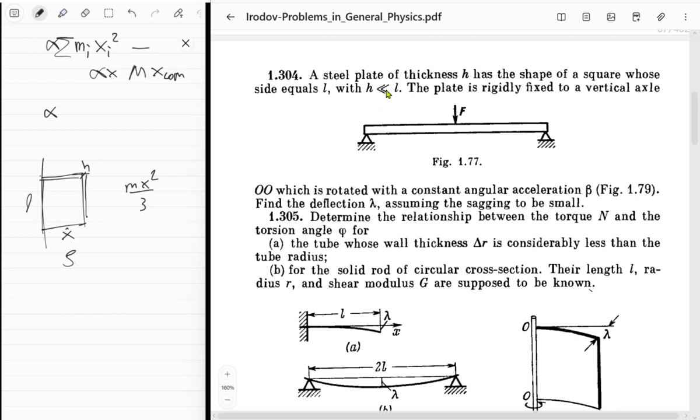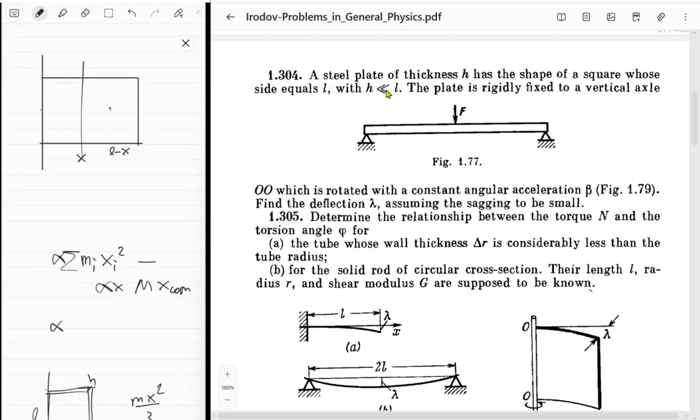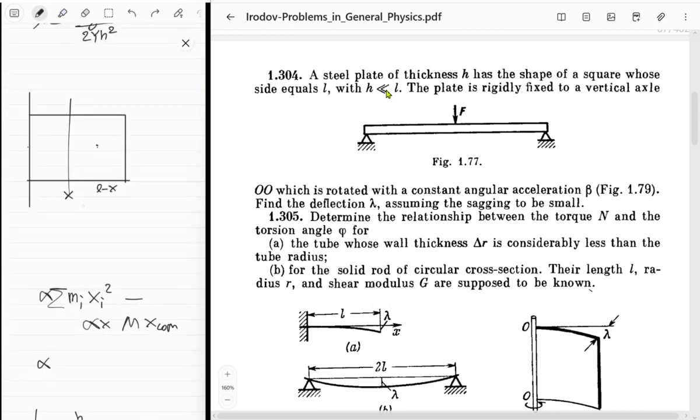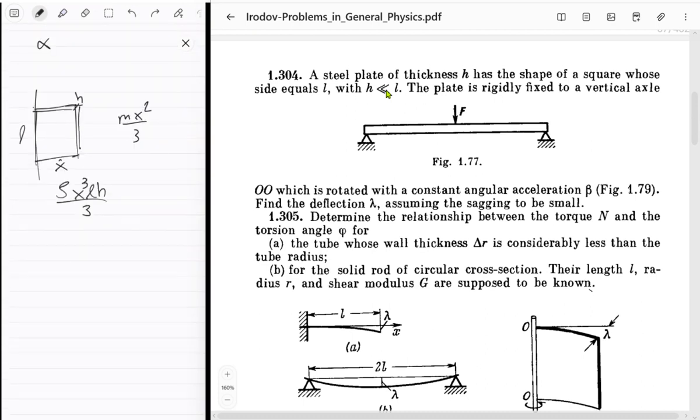Then m is just rho x L h, and so x squared upon 3 becomes x cubed upon 3 times rho L h. That's our inertia, and we want the difference of these two things to get this guy's inertia, so it's from x to L minus x, if that makes any sense.